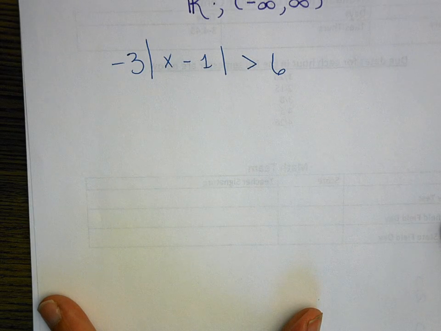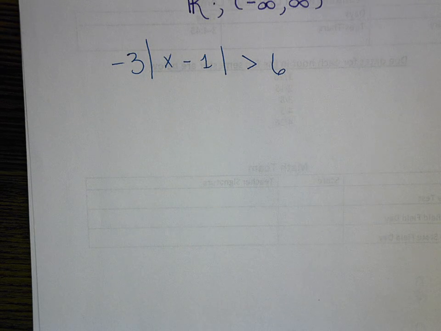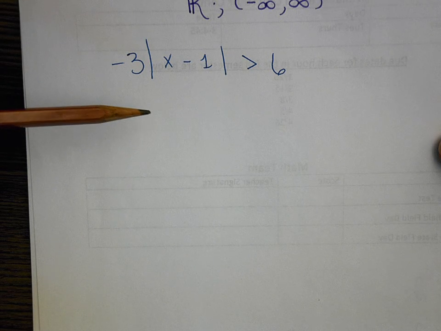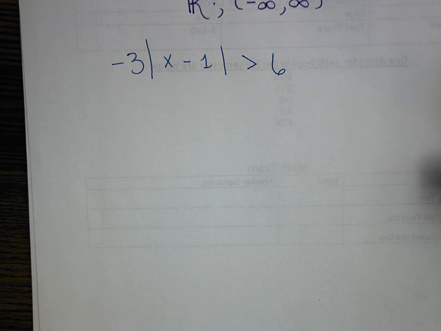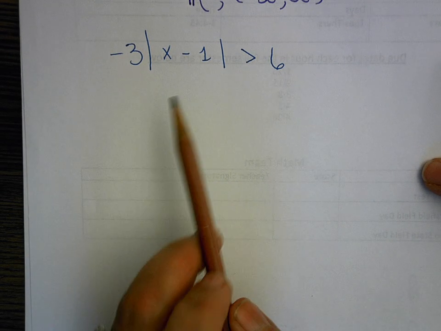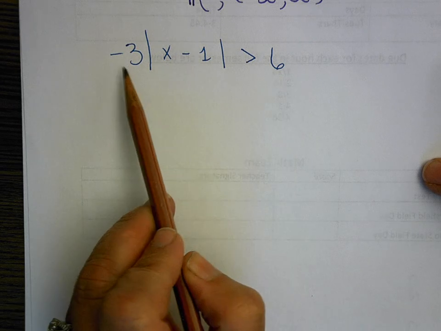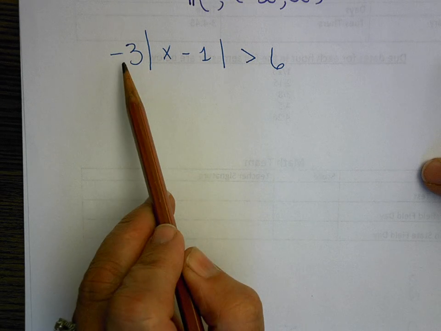Same directions. Again, it would say something like solve for the values of x and either graph on a number line or write your answer in interval notation, something along those lines. The first thing I want to do is isolate the absolute value. In order to do that, I need to get rid of the negative 3.